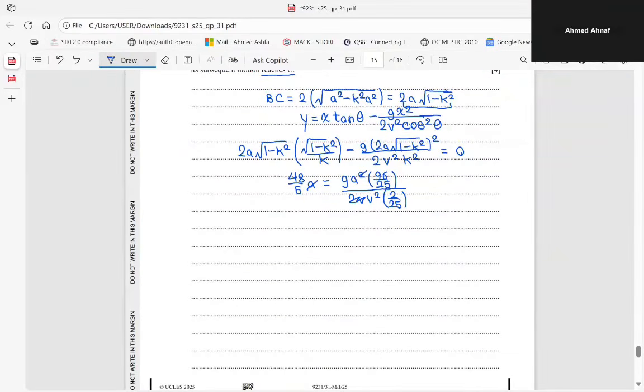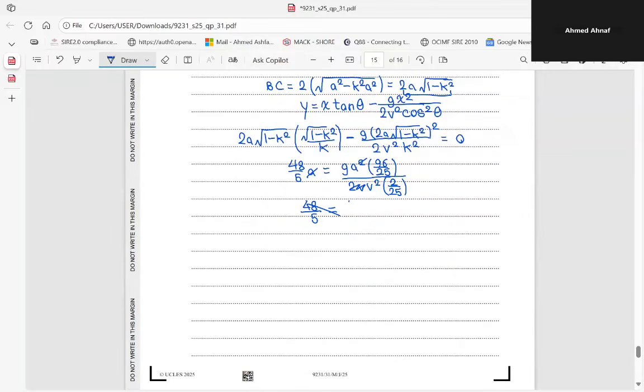So the a's cancel out. This would be 48 over 5 equals 96 over 25 divided by 2 over 25. You get 48. So this is 48 g a over V squared.